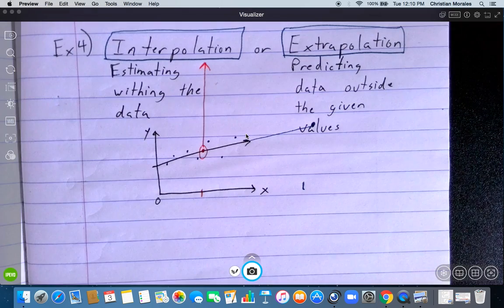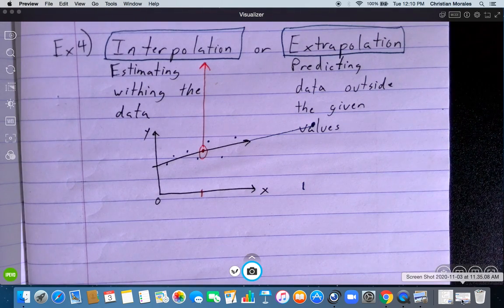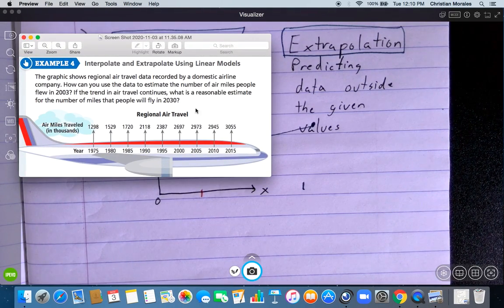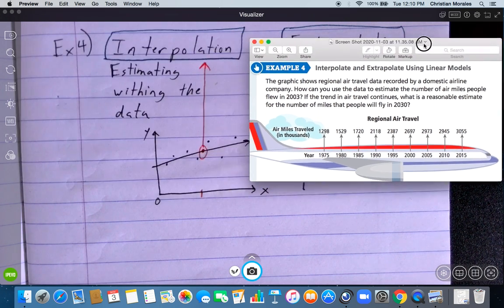That would be extrapolation. Okay, so the problem that I was just showing you was, let's say you're going to do information here about flights. So here we have air travel recorded in a domestic airline company. How can you use the data to estimate the number of air miles people flew in 2003? So what you would do is you would take these numbers and you'd make them into your table.